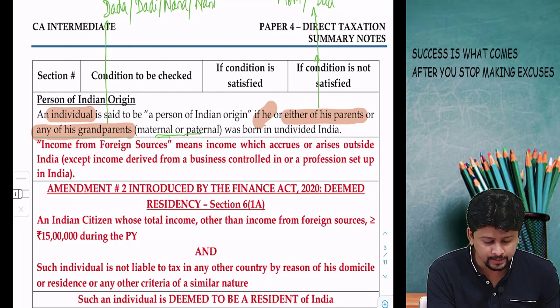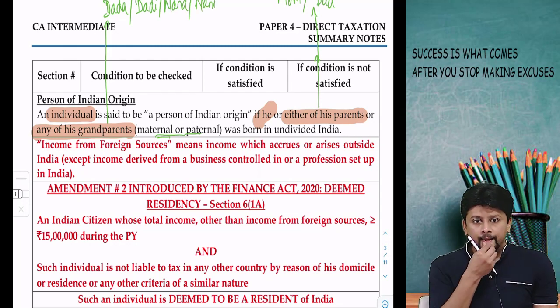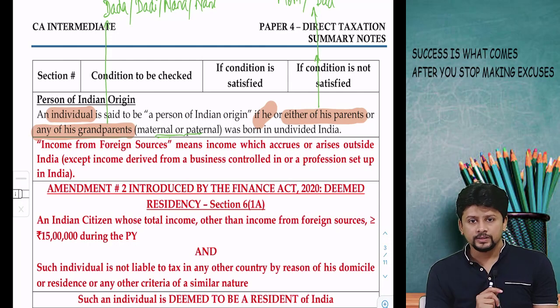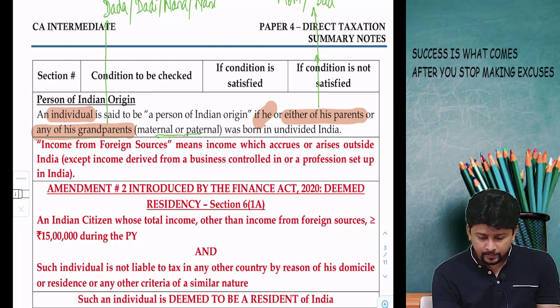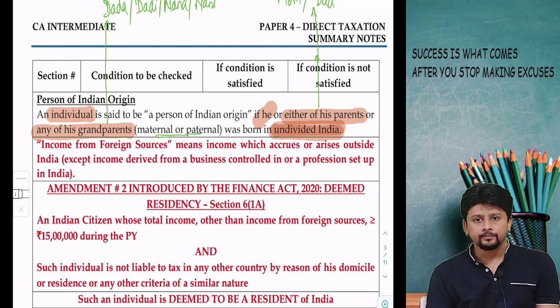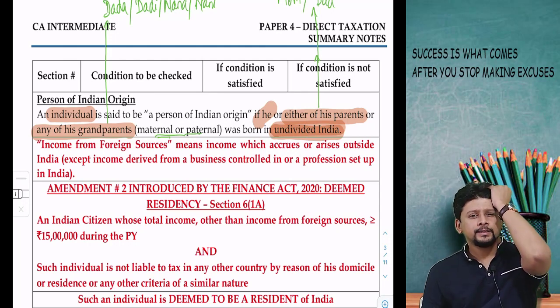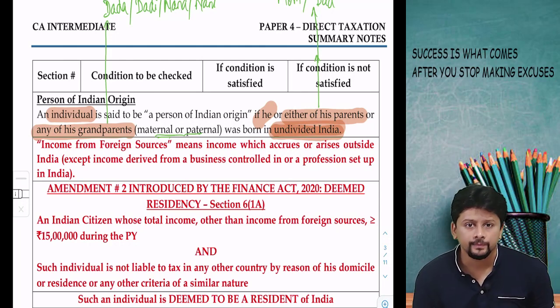Any one grandparent, any one parent, or the individual himself or herself was born in undivided India, then such an individual is called a person of Indian origin.